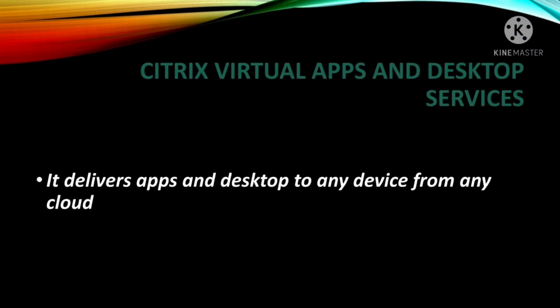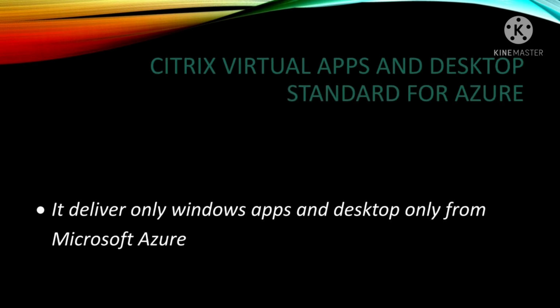The first one is Citrix Virtual Apps and Desktops Service. Citrix Virtual Apps and Desktops Service delivers apps and desktops to any device from any cloud. The second one is Citrix Virtual Apps and Desktops Standard for Azure. It delivers only Windows apps and desktops only from Microsoft Azure.